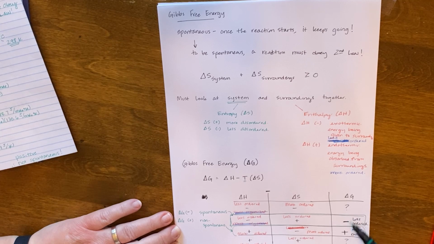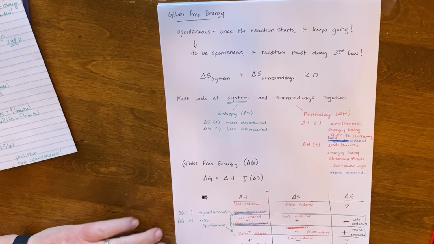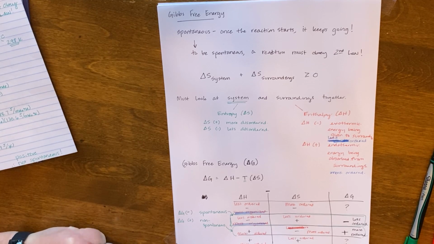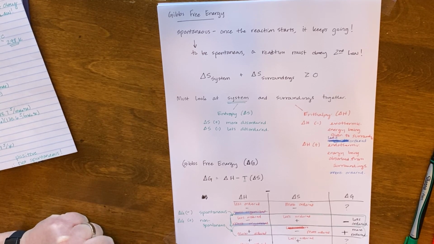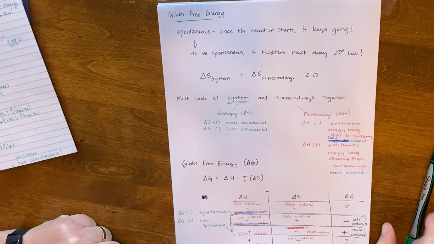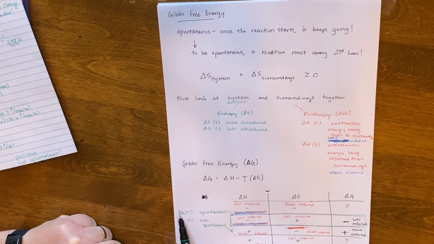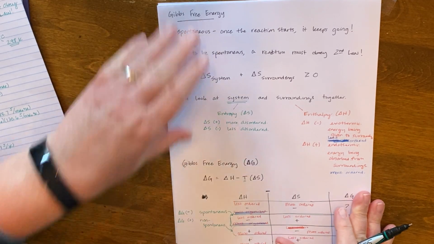These two may or may not be, depending on what my numbers are and how the math works out. Hopefully that didn't totally confuse anybody, but what you need to remember, bottom line, is if delta G is negative, the reaction is spontaneous. If delta G is positive, the reaction is not spontaneous.